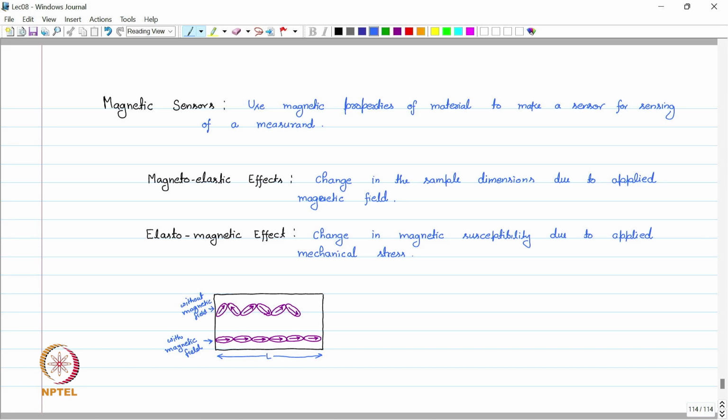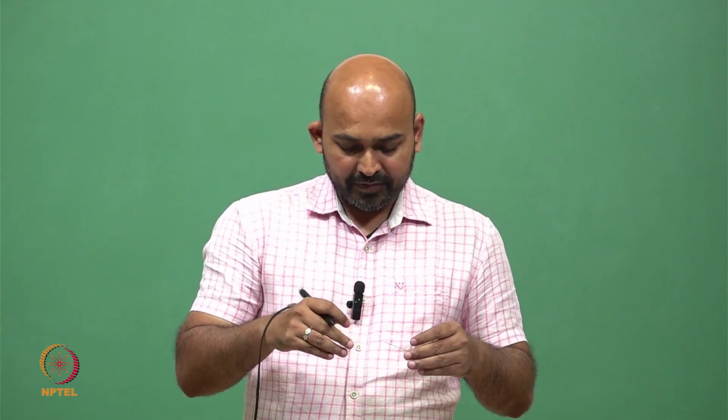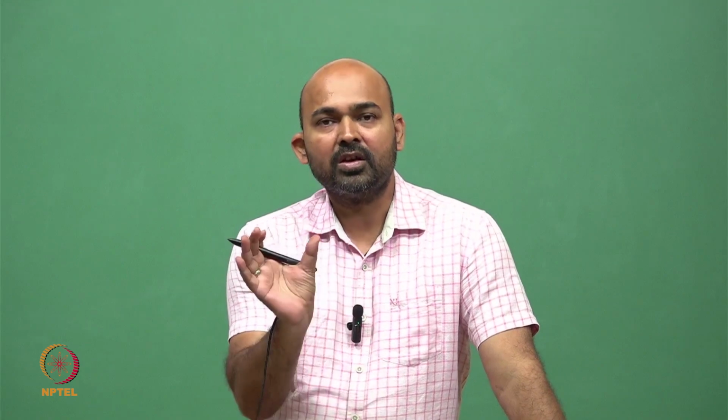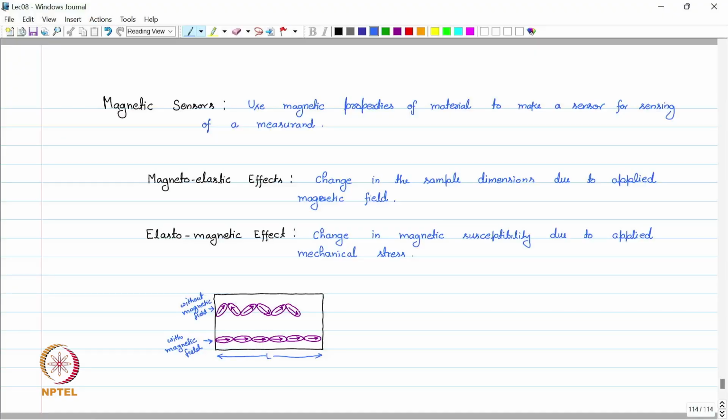all these dipoles without magnetic field are random in nature, they are aligned randomly. Because of that, there is a difference in how much length they occupy in the x direction.